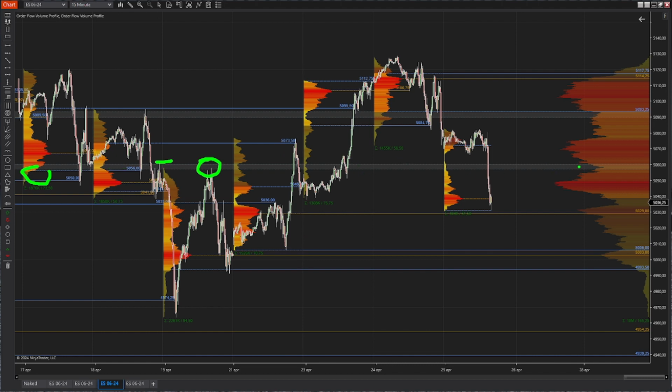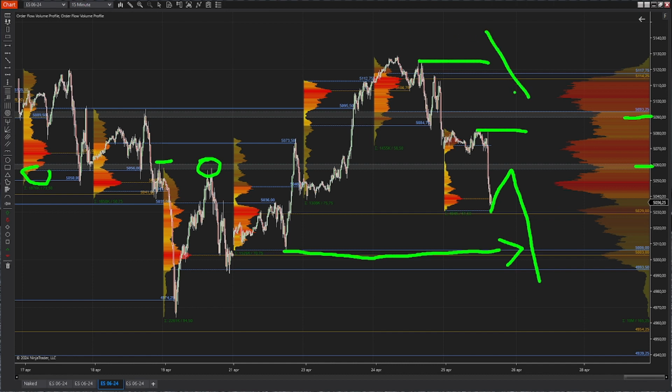So the zones that I would be watching are 50.60 and 50.90 to pull us more to the downside and take out this lower low, making this a new lower high, entering a downtrend. I'm not saying it's going to work like that. I'm just saying there's a big possibility that it will work out like that.